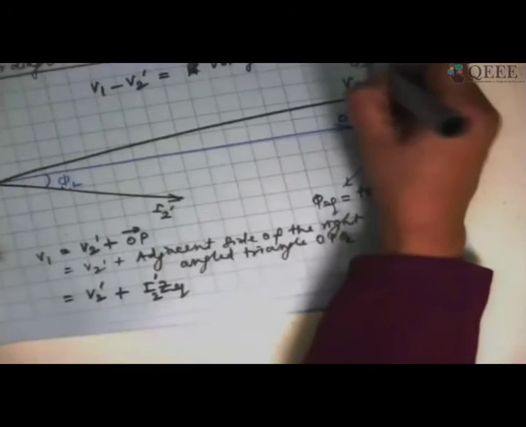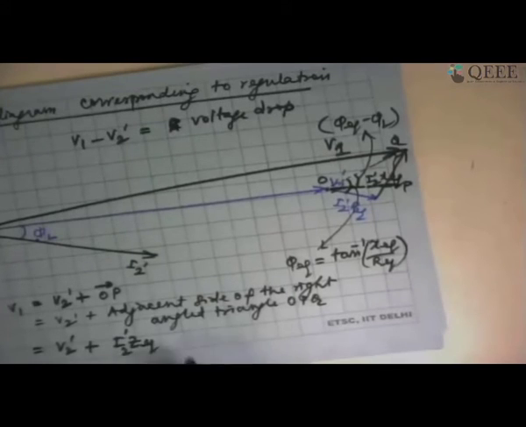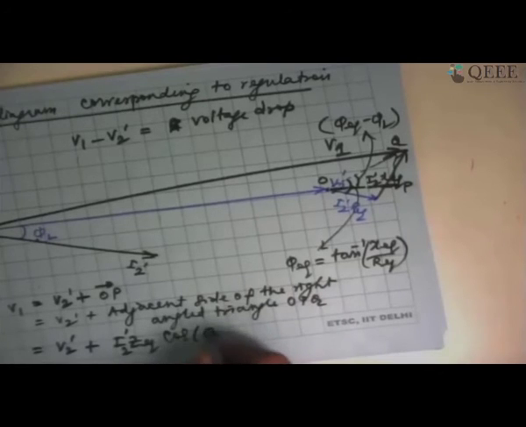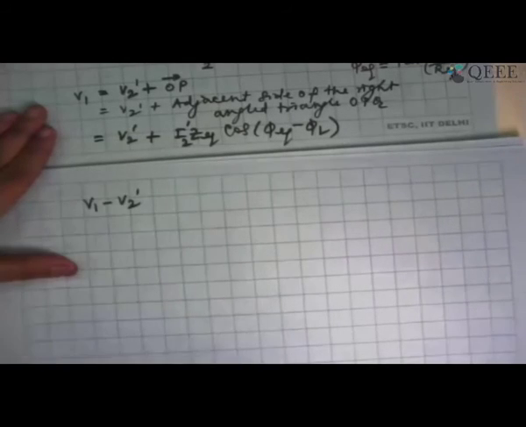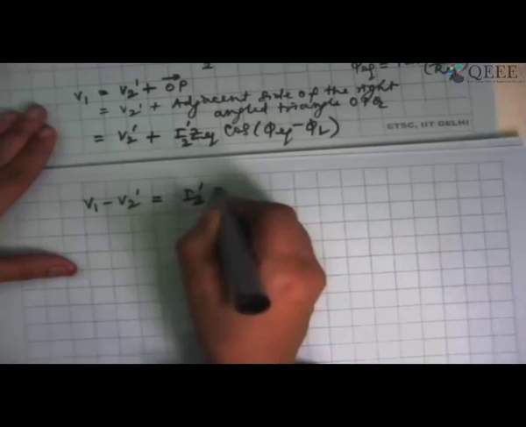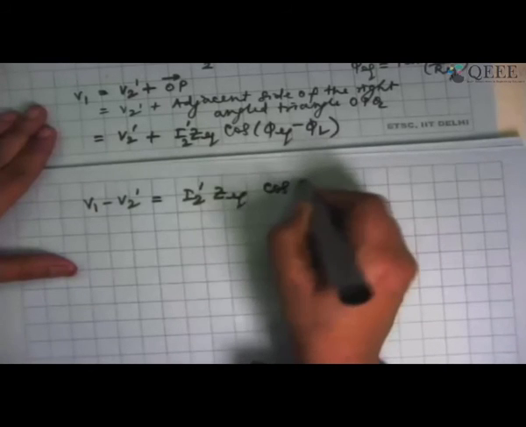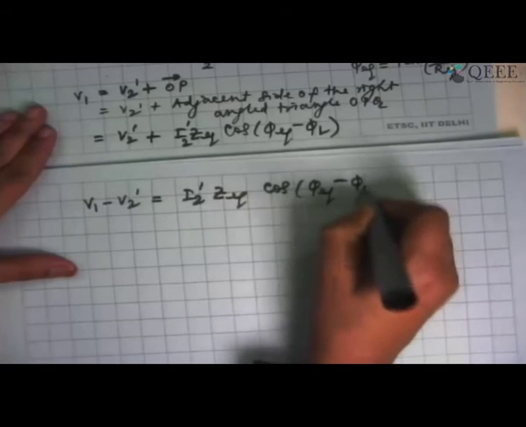So I can call this phi equivalent minus phi L. That angle is phi equivalent minus phi L. So I can write this as I2 dash Z equivalent cos of phi equivalent minus phi L. Okay. So from the phasor diagram, I can write roughly the expression for V1 minus V2 dash as I2 dash Z equivalent cos of phi equivalent minus phi L.